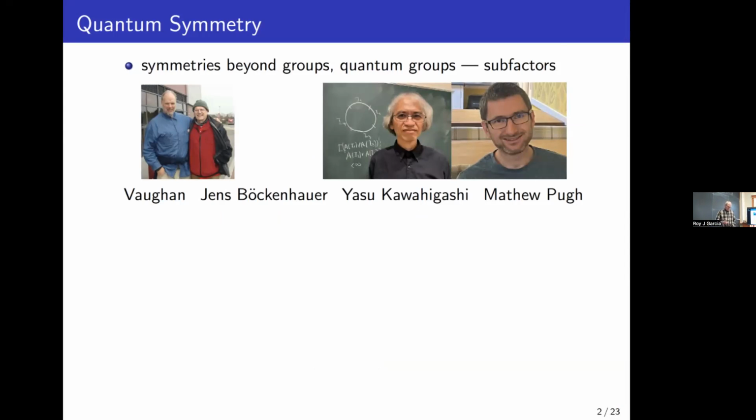So symmetries beyond what you can construct from groups or even quantum groups definitions, such things as loop groups. So that's subfactor theory, and I worked for a long time with Matthew Gill. So that was one aspect of quantum symmetry.